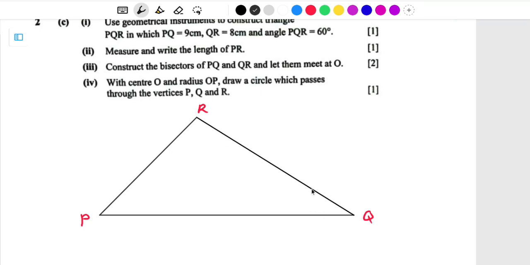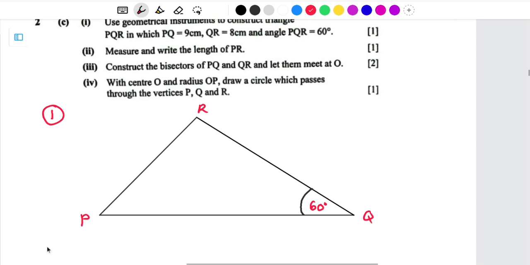So this angle here has to be 60 degrees. So you have to measure using a protractor. So we have answered now question Roman numeral number 1.